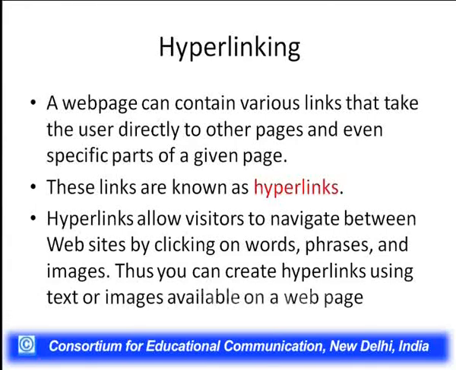Hyperlinks allow visitors to navigate between websites by clicking on words, phrases and images. Thus you can create hyperlinks using text or images available on a web page. So a hyperlink is not just text; an image can also act as a hyperlink. You click on the image and you are directed to some other web page or some other part of the same web page.